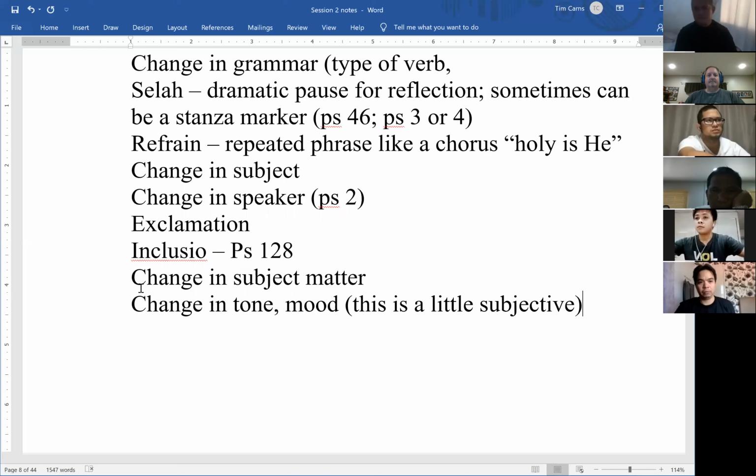Yeah, I observed that a lot of times in Psalms of Lament, Pastor Tim, because the psalmist seems helpless, and then there's an answer or hope, a tone of hope already. Yes, that's in most laments.